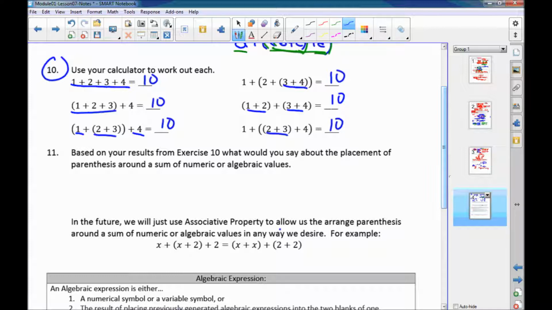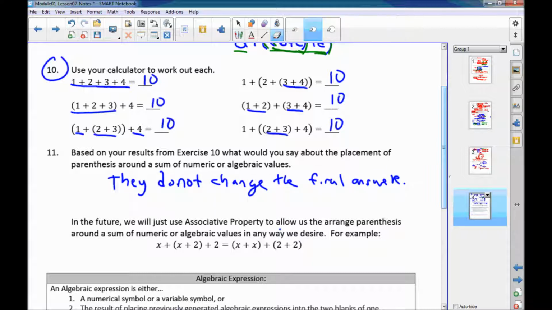So based on your results from 10, what would you say about the placement of parentheses around the sum of numeric algebraic values? They do not change the final answer. And this can be really useful for us in some cases to allow us to add or take away parentheses as we feel like.